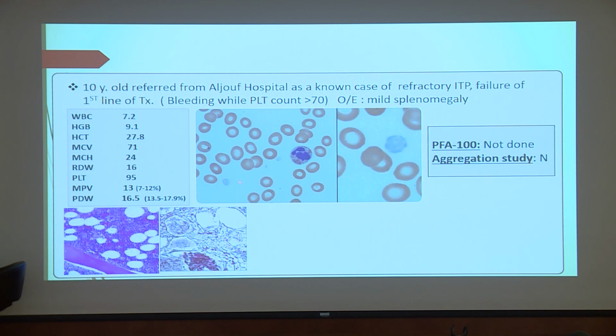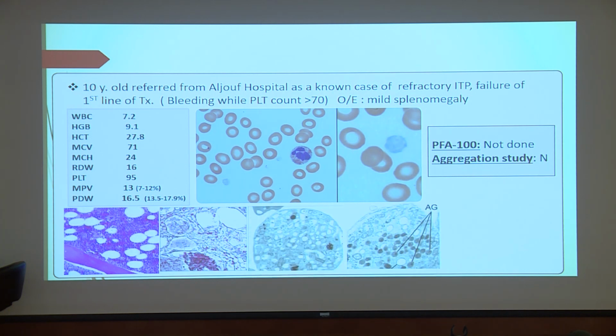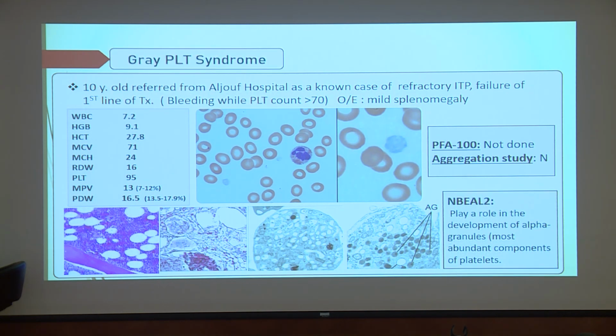Actually, he had gray platelet syndrome, and when we did electron microscopy, this is alpha granules in a normal patient, and this is the patient, almost deficient of all alpha granules, which are the most abundant granules in the platelet, as you know. So we requested the NBEAL2 gene, and it came back positive.